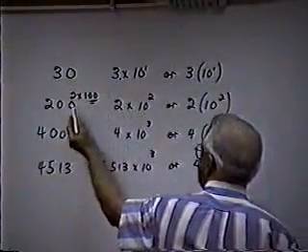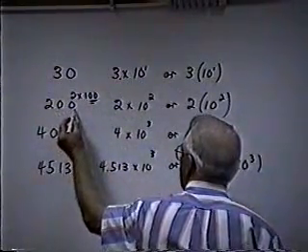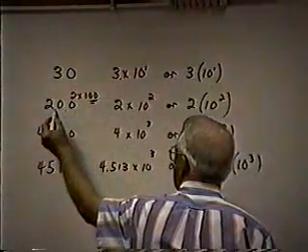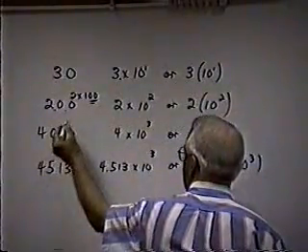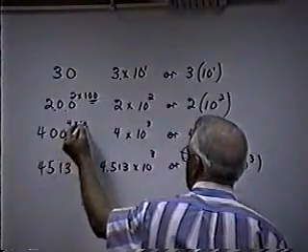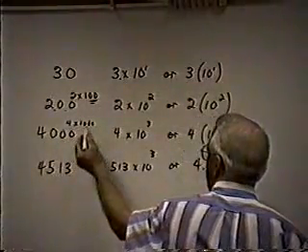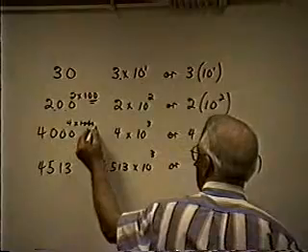So what we can do is change 200, and we'll move the decimal place over there 2 places. Now look, 4,000. 4,000 is 4 times 1,000. 1,000 is the same as 10 to the third.